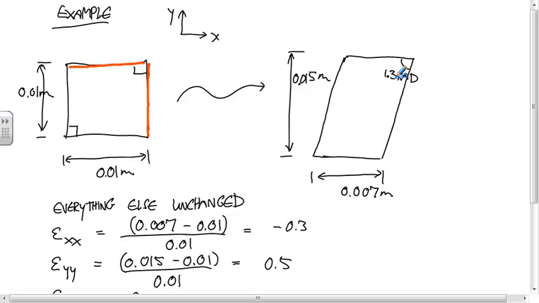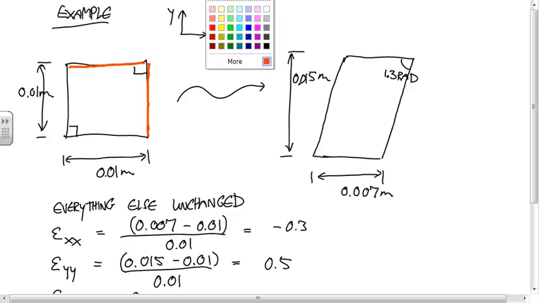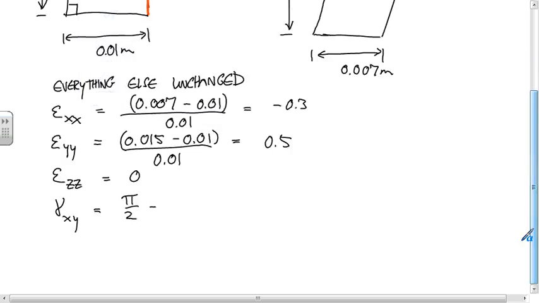So that's the one we want. So pi over 2 minus 1.3. What do you get for that? 0.271. Okay. And then shear xz is equal to shear yz is equal to 0.